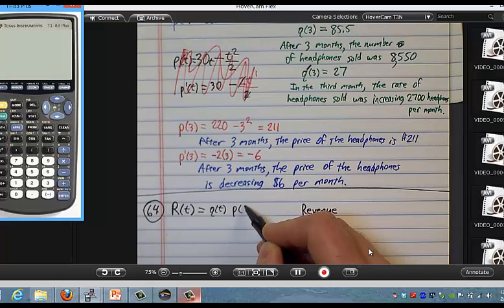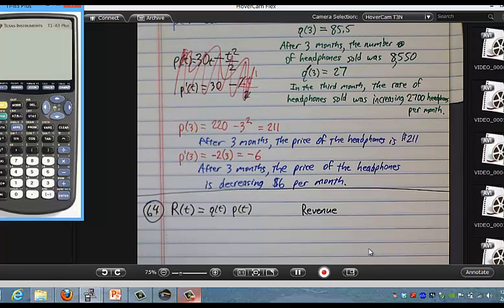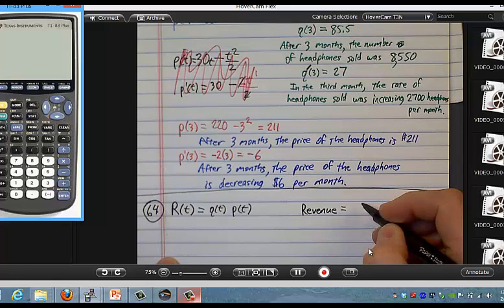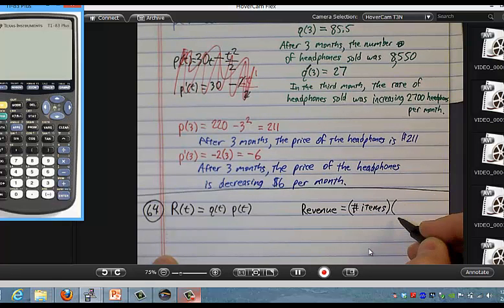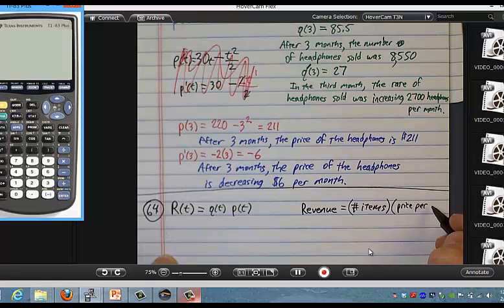There's one more thing I need to multiply by. What is it? Not yet. I'll get to the derivative. I'm talking just to get the revenue function. You guys told me it's number of items times what? Right. The price per what? Right. Yeah, per item. Okay?